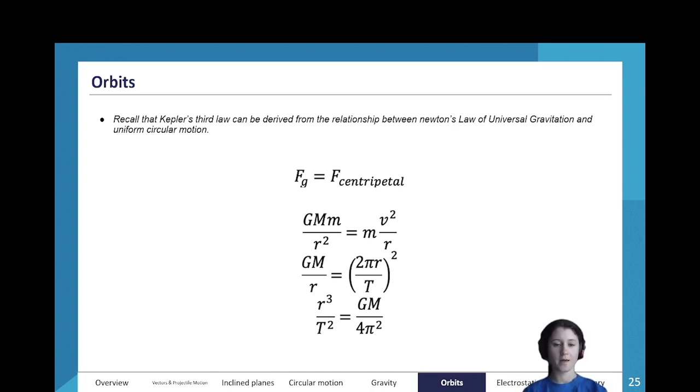So let's start with the force due to gravity is equal to the centripetal force, alright? So we really are linking in the uniform circular motion there, because remember, centripetal force is the force acting toward the center of motion. If we have something orbiting around, there is a centripetal force there because it's moving in a circle, right? So those two forces are equal.